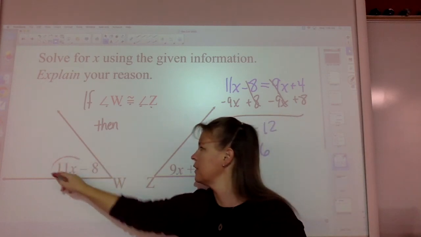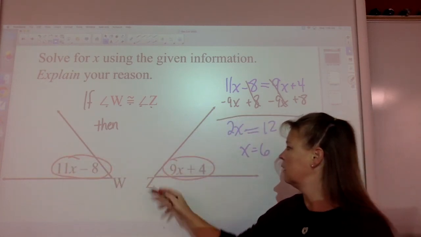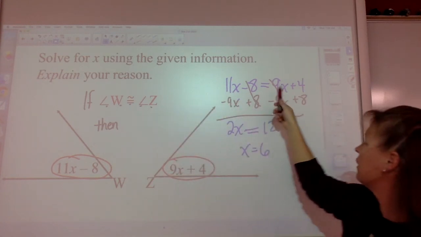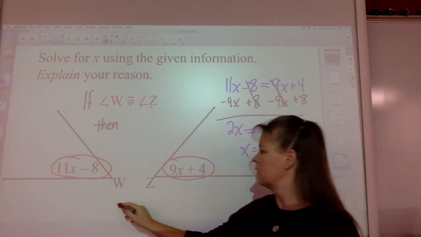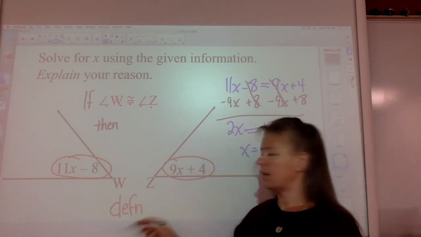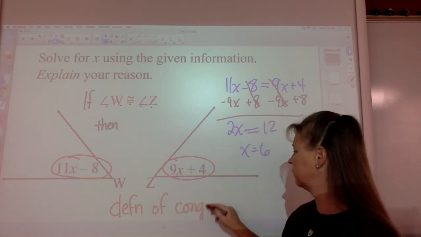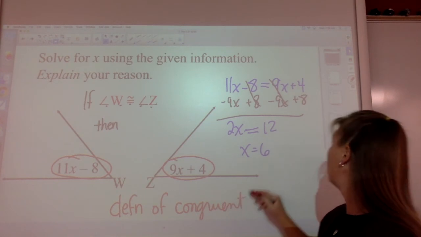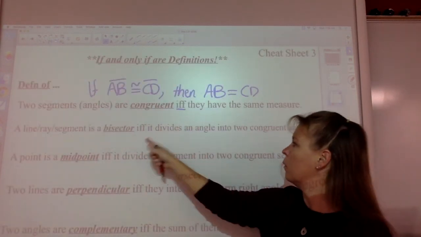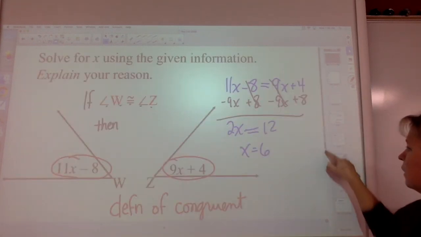We took the measure of this angle, 11x minus 8, set it equal to the measure of that angle. If two angles are congruent, then they have the same measure. So our reason, you have to write definition, and I'll let you abbreviate definition, of congruent. All of these on cheat sheet 2, you'll write definition of whatever is underlined. So that's our reason for the first one.